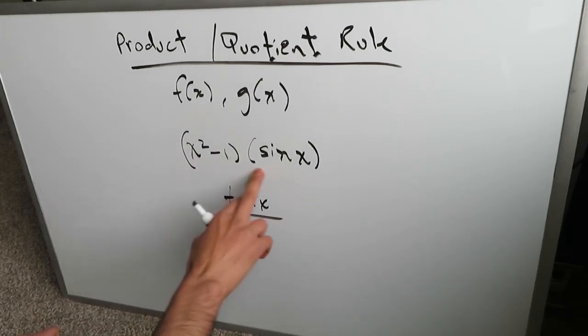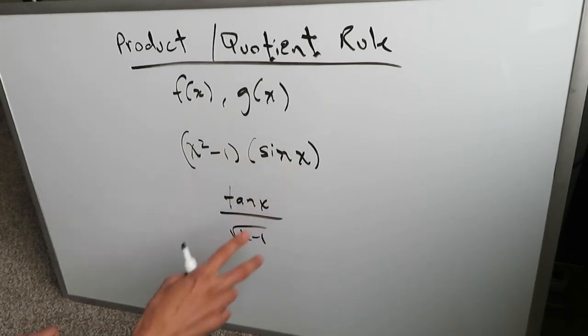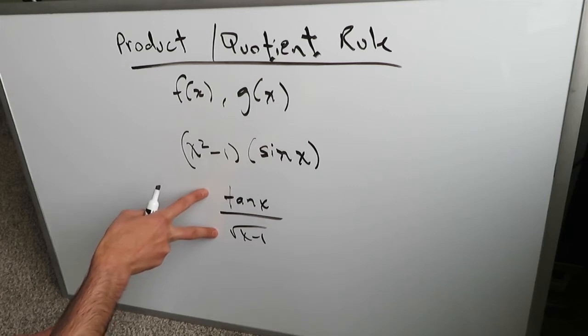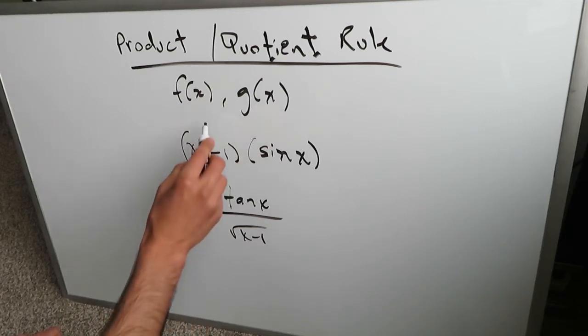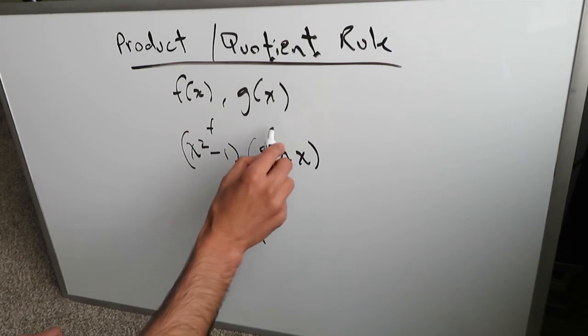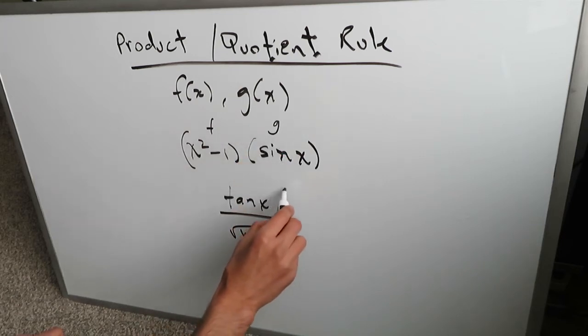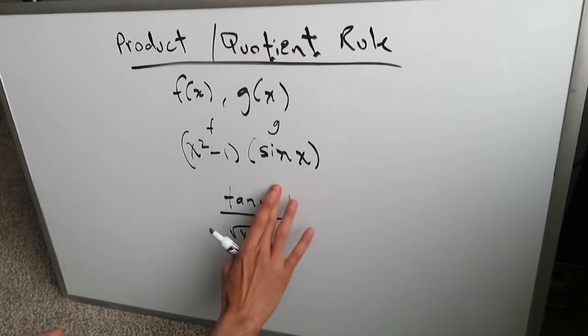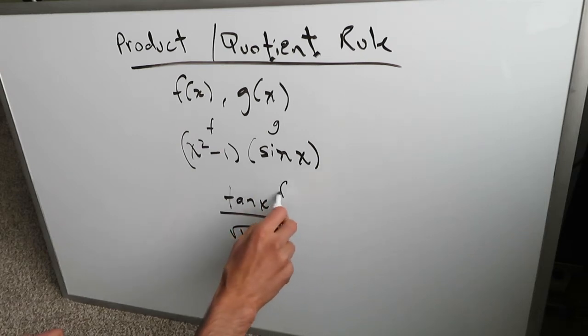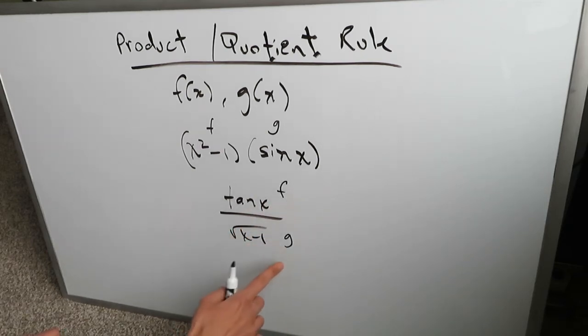You see how we have something here which looks like a product of two different functions, and then we have here which looks like a quotient of two different functions. Suppose that this right here was a function f and this right here was function g, and this right here on the top, the tan x, was the function f of x, and this right here was the denominator, the function g.